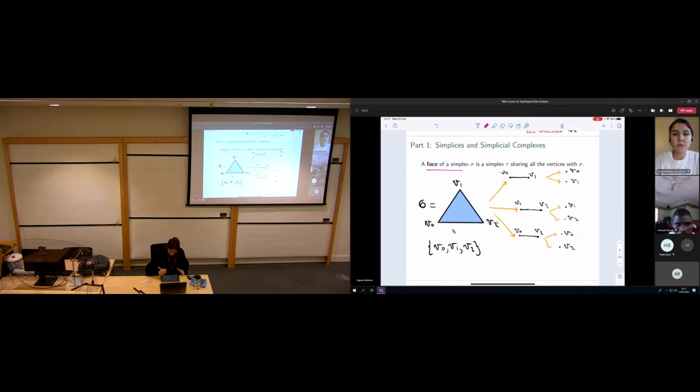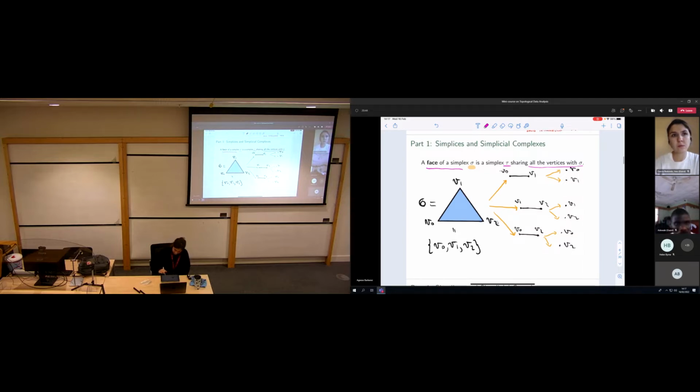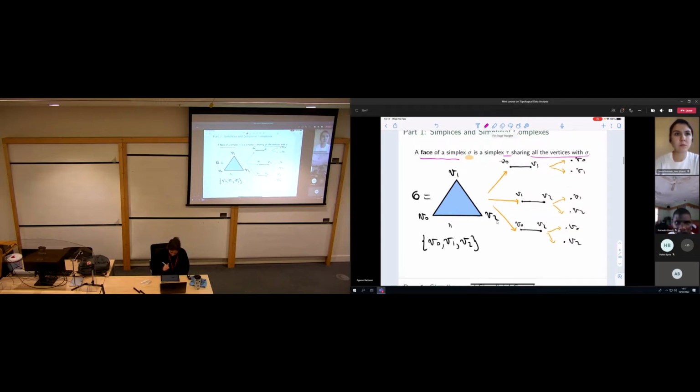From a combinatorial point of view, a face of a simplex sigma is a simplex tau sharing all the vertices with sigma, so a subset of the set representing sigma. In the picture, you can see a geometric representation of what a face is.